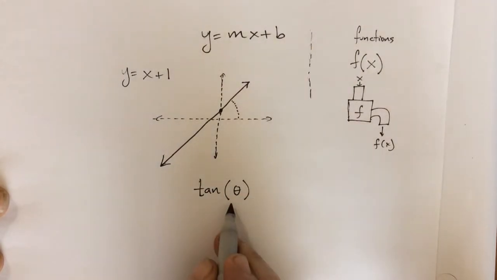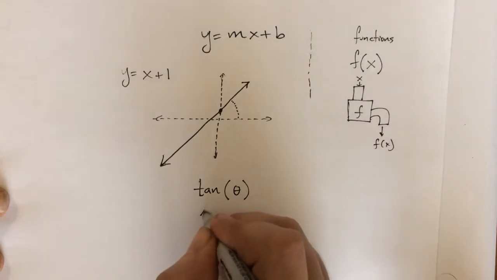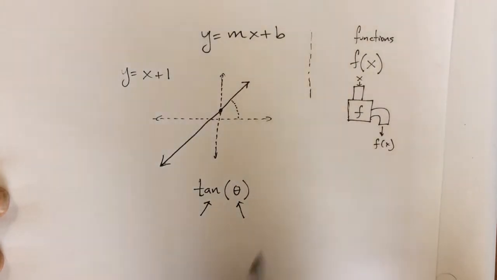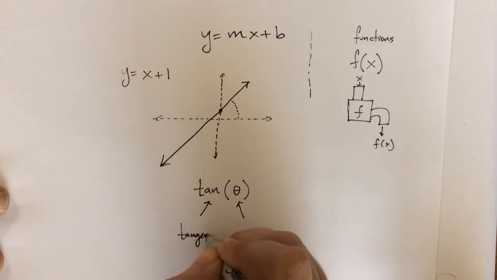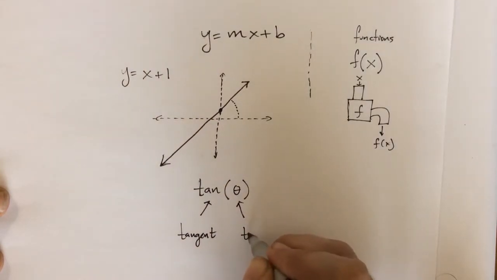And usually instead of an x, we're going to use an input that looks like this. This is the Greek letter theta. It's a lowercase Greek letter theta. It always represents the measure of an angle. So this thing is read as tangent, and this thing is read as theta.